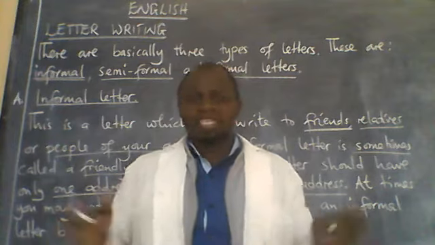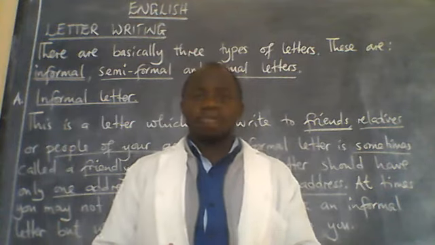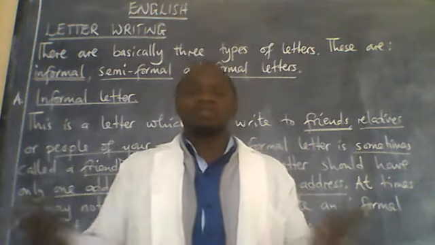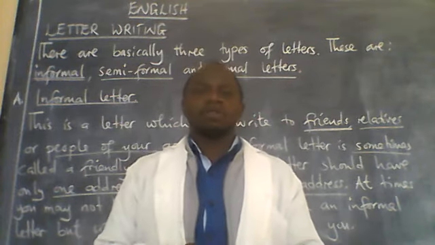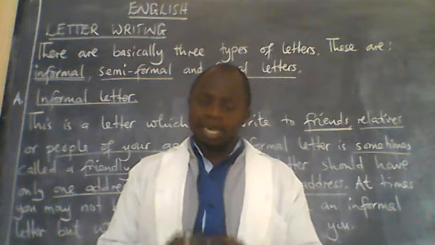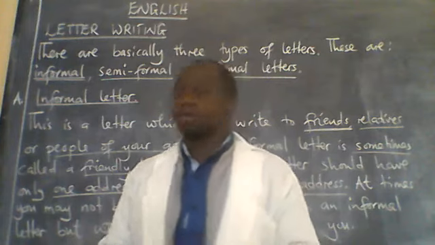That's the English that you can use, because you are communicating to your friend. But obviously, it must be acceptable. Don't be using vulgar language. I hope we are together.